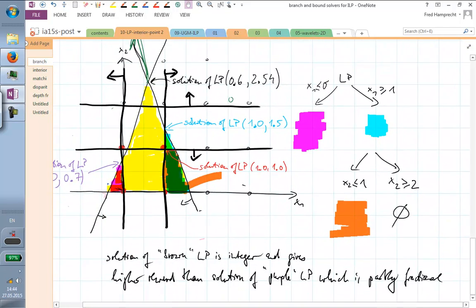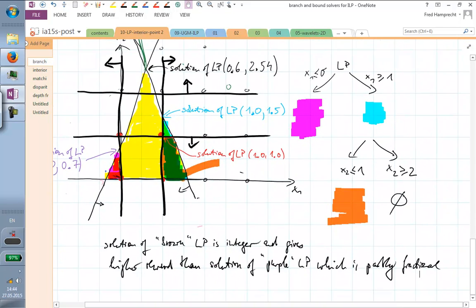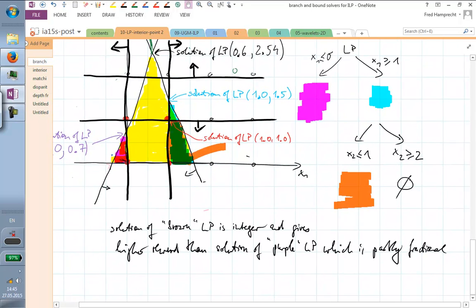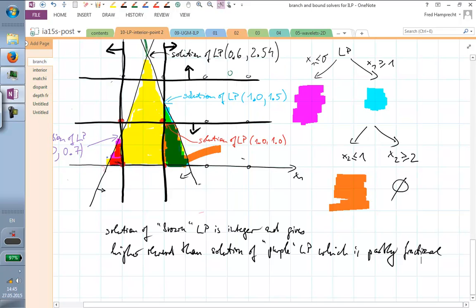Now, we can argue, if I now impose additional constraints on the LP of the purple region, can its reward become any higher? No, because it's just an additional constraint. I will only impose additional constraints.